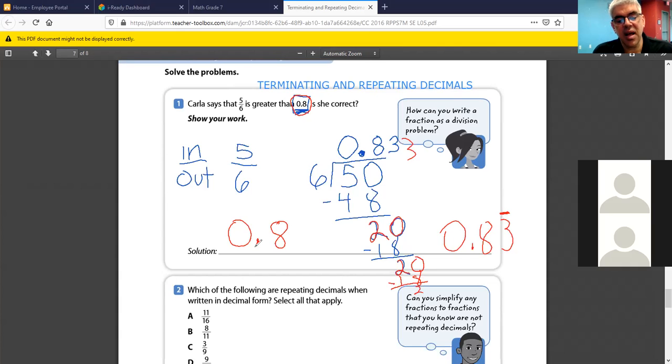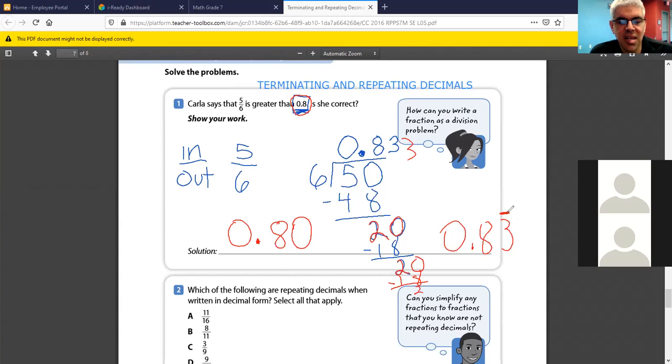Terminating decimals, like I said, after the decimal point, you can always add a 0 to compare. After this decimal point, the zeros are free on the right. So this is 80 cents. And this is 83 cents plus 3/10 of a cent.